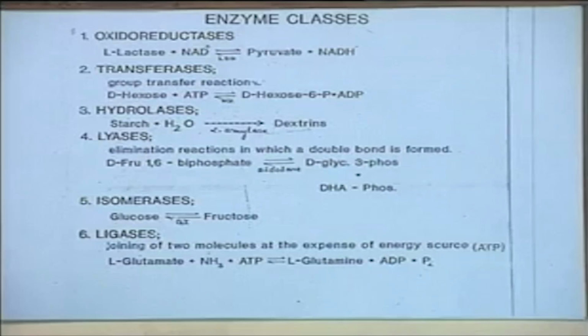They gave a classification system which is acceptable globally today, and it classifies all the enzymes into 6 major classes: oxidoreductases, transferases, hydrolases, lyases, isomerases and ligases.